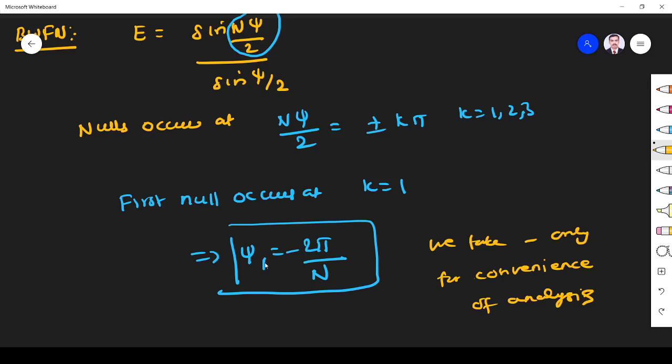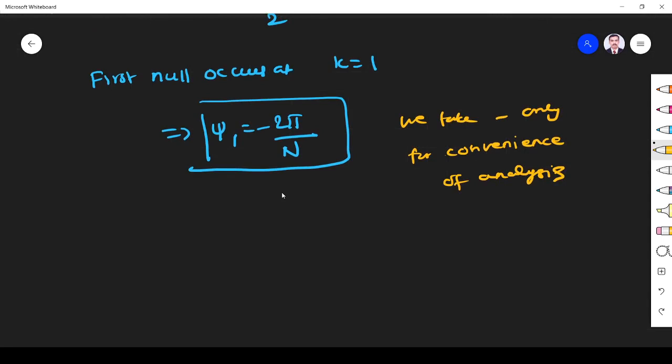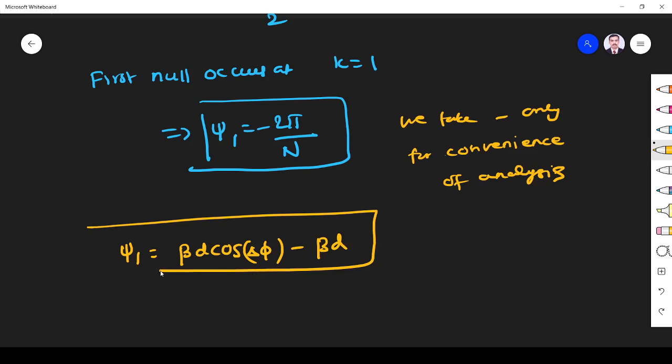Okay, so first null occurs, and I can write psi 1, the first null, as beta d cos del theta minus beta d. Why am I writing like this?